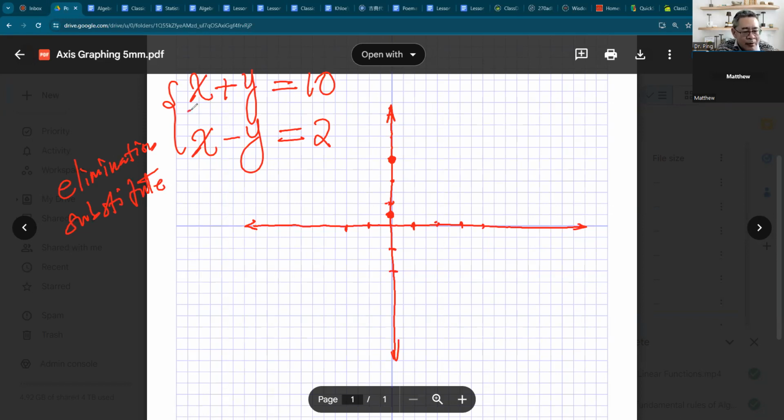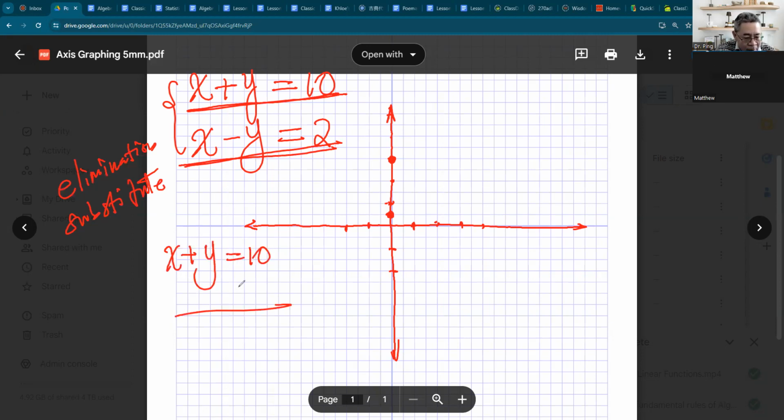So basically, we got two linear equations here. If we're graphing them, then the intersection is a solution to this system of equations, because on the intersection, XY meets this and also satisfies this. So let's see, X plus Y equals 10.